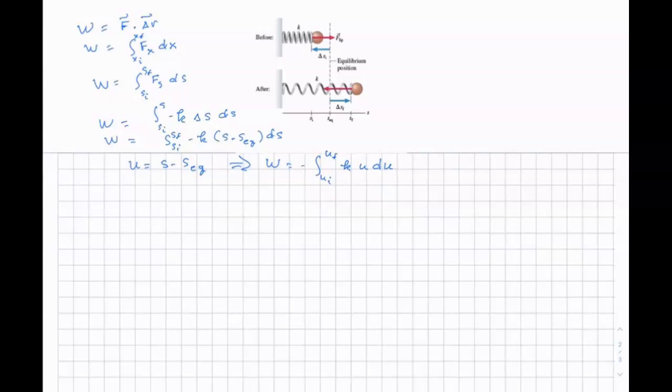While I'm at it, I'm going to take that constant k outside the integral. So that's minus k times the integral from u initial to u final of u du.